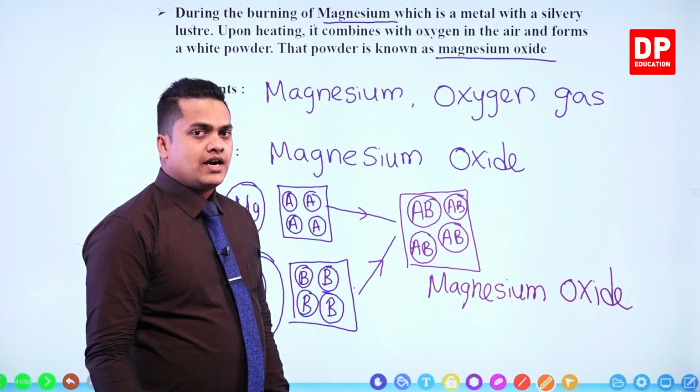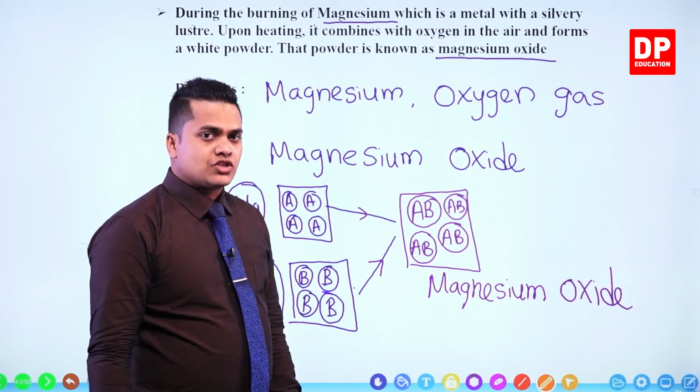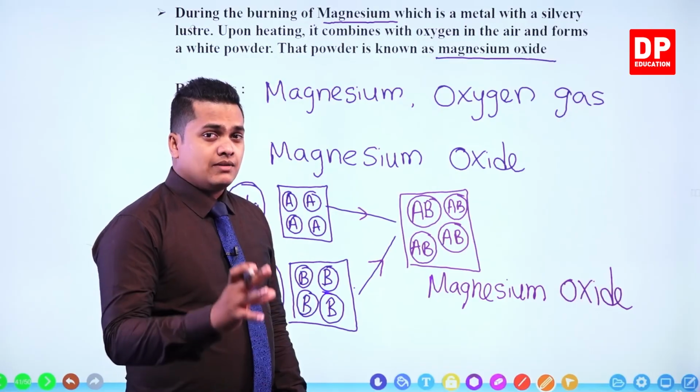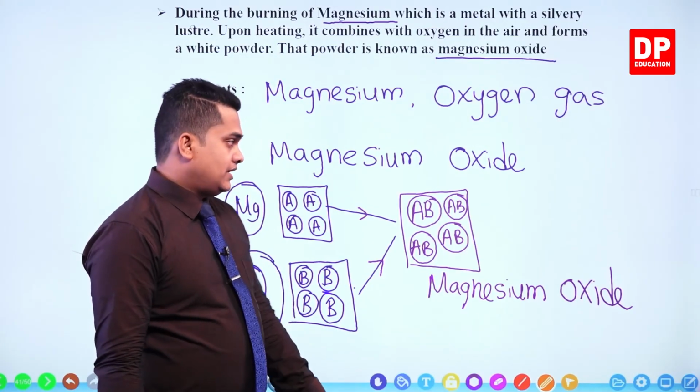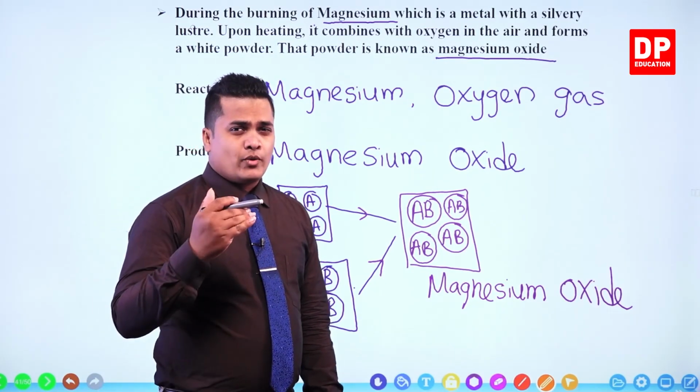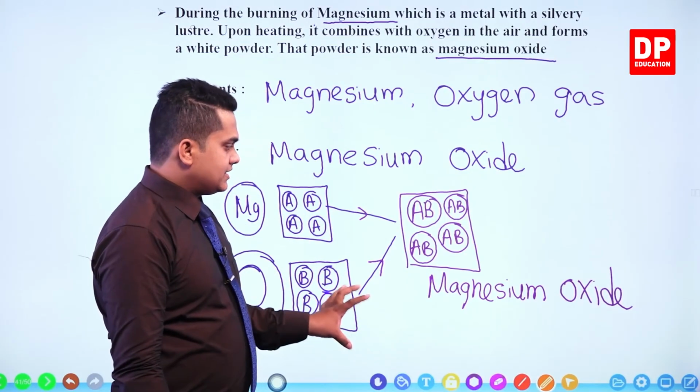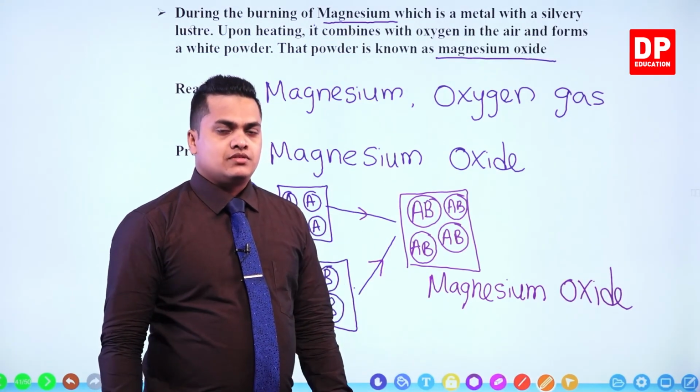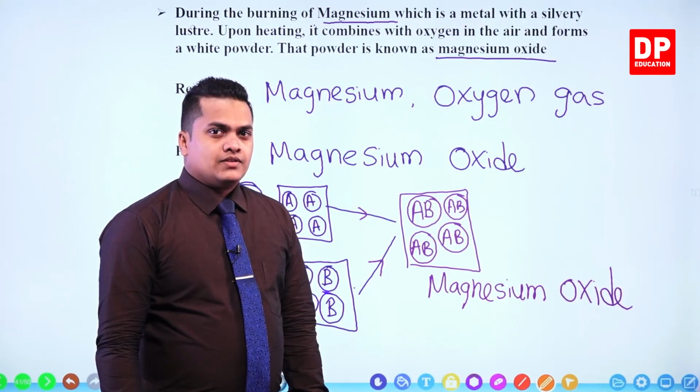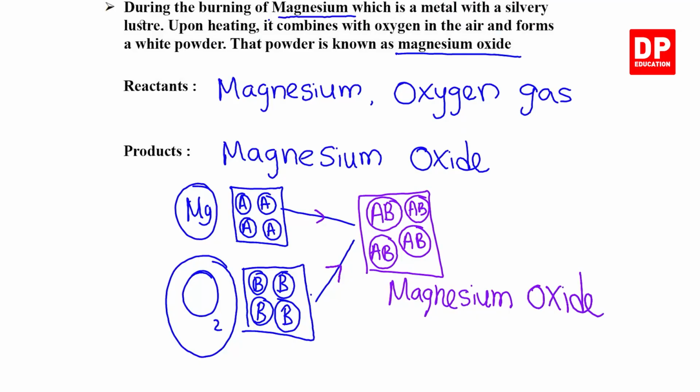Their particle structure, particle composition is going to change, and their particles are going to rearrange like this to create new substances. So this sort of thing is called a chemical reaction.